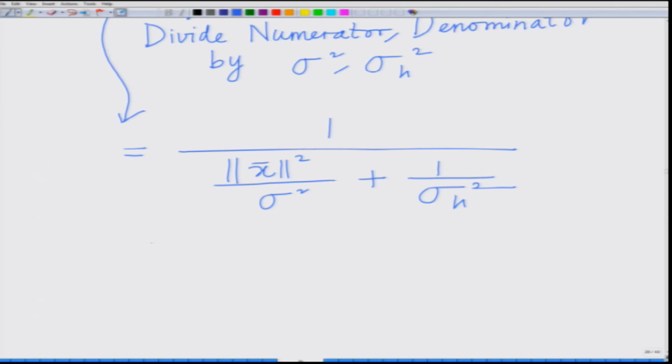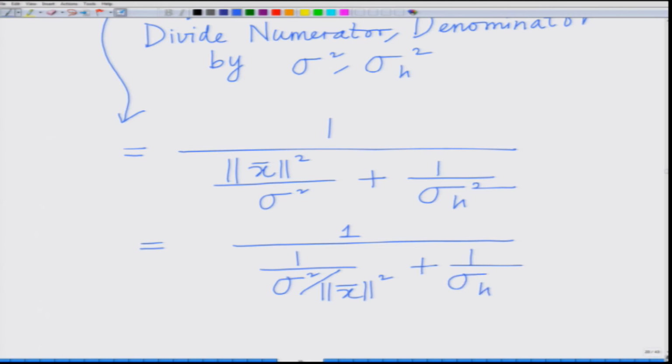You can verify this. Now I am just going to rewrite this as follows. I am going to bring the sigma square to the denominator, and that can be written as 1 over, and interestingly this can be written as 1 over sigma square divided by norm x bar square plus 1 over sigma h square.